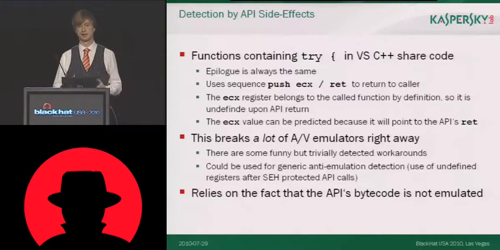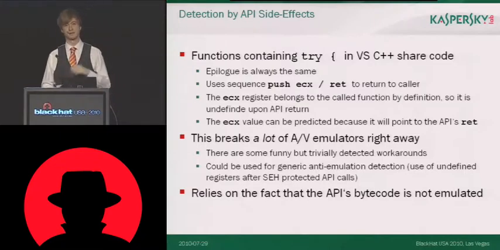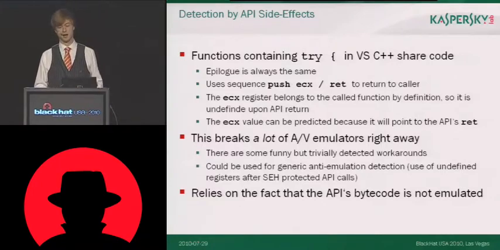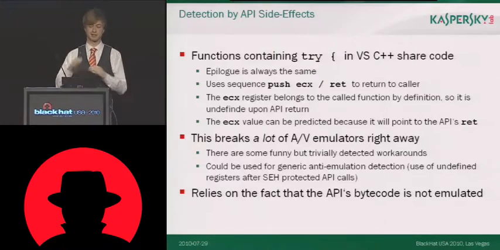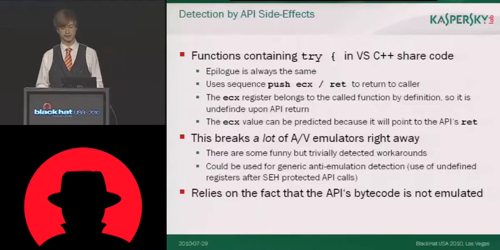And then upon API return, you can just compare the expected value of the ECX register with the address you found in memory. If they're not the same, then you probably are running inside an antivirus emulator, because the antivirus emulator will not execute all the bytecode that it has there in memory, but instead will have some custom implementation of this API, and that won't, of course, set these undefined registers.